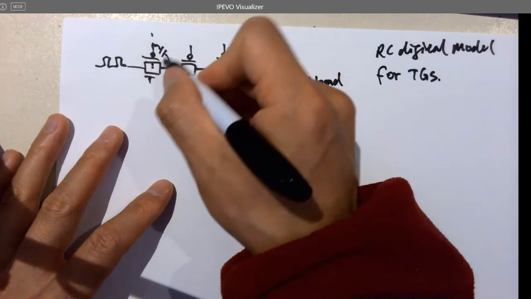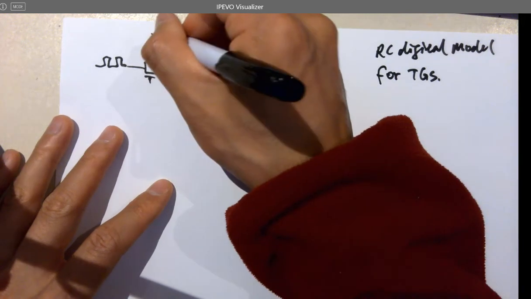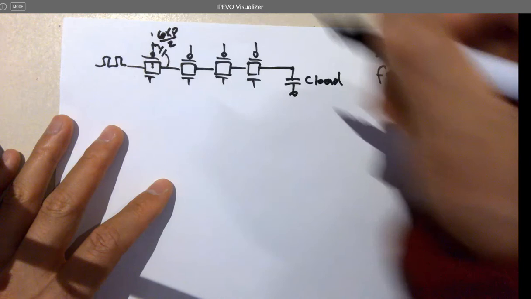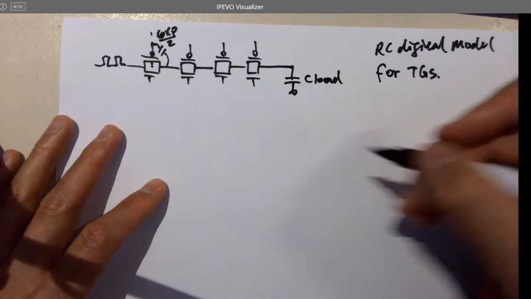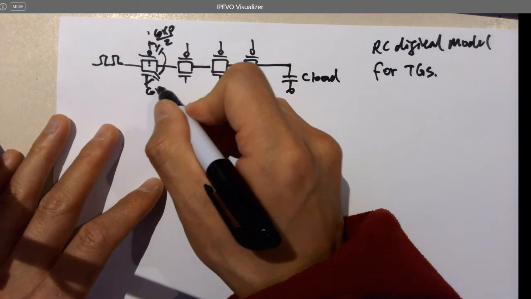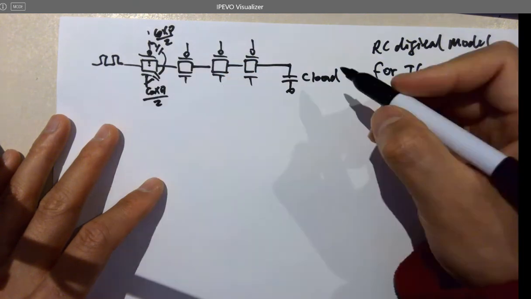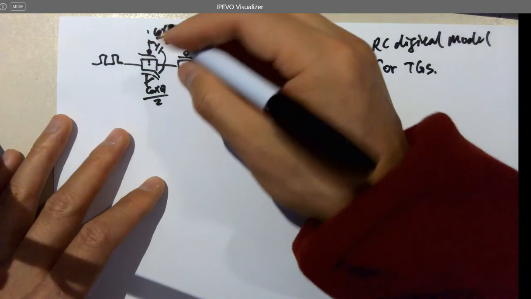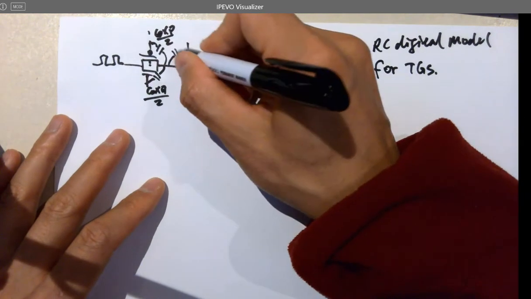So the cap here will be Cox P over 2. And the cap here will be Cox N over 2. Same for the other ones.